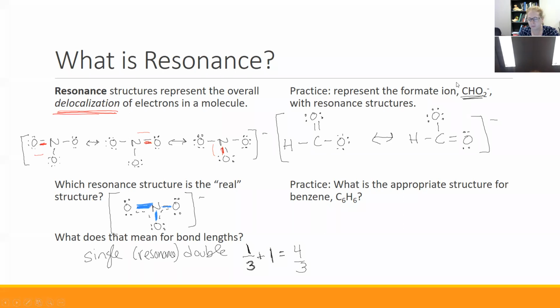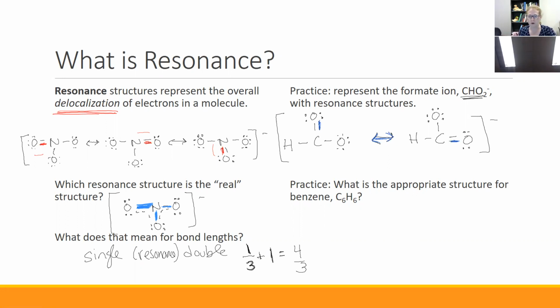So I hope you got to this point where you had a double bond that you had to put between carbon and oxygen, but you didn't know which one. And so you just drew two equivalent structures, one where you put it in an oxygen at the bottom and one where you put it in an oxygen at the top. You used your double-headed arrow to tell me that there were two structures, and you put brackets around it and a negative sign to show me that it's a charge.